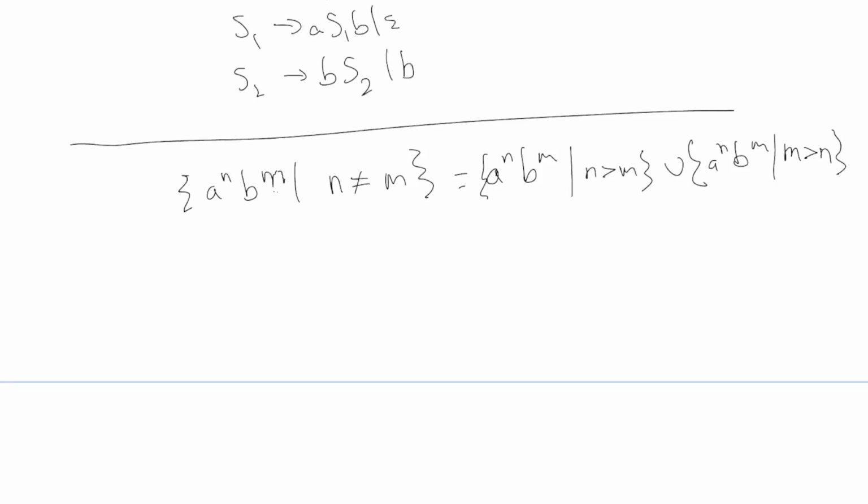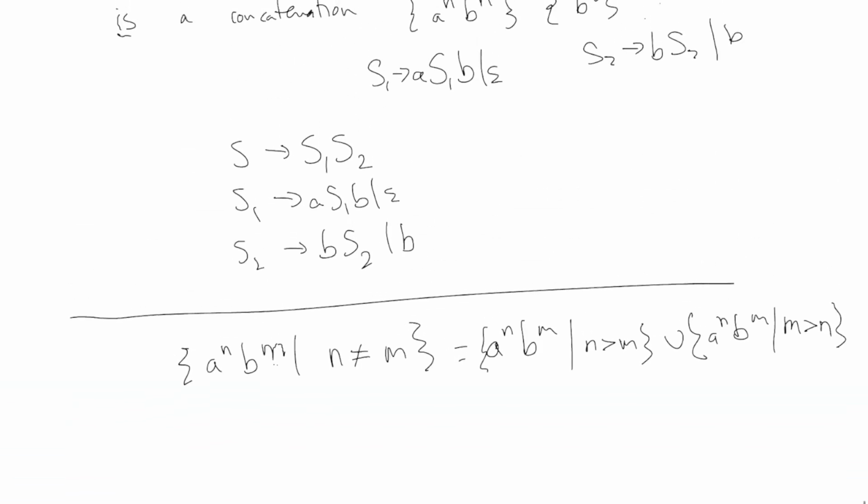Very cute idea. And now each of those two things we can do. Actually, each of those two things is the same as this example that we just did, only one way around or the other. This example that we just did is the one where the B number is greater, and the other way around would be the one where the A number is greater.